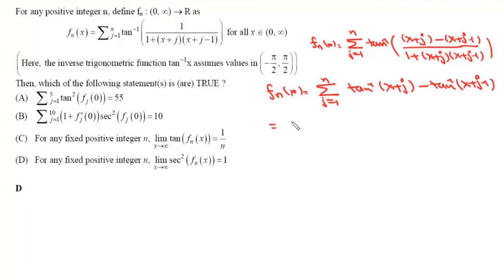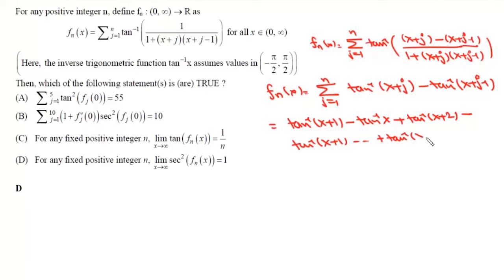Now if we put j as 1, it will be tan inverse (x + 1) minus tan inverse x, plus if we put j as 2, it will be tan inverse (x + 2) minus tan inverse (x + 1), and we will continue up to tan inverse (x + n) minus tan inverse (x + n - 1). Now in this case, tan inverse (x + 1) will cancel. So all these terms will keep getting cancelled. So we'll have this term, and in the end we'll also have this term.